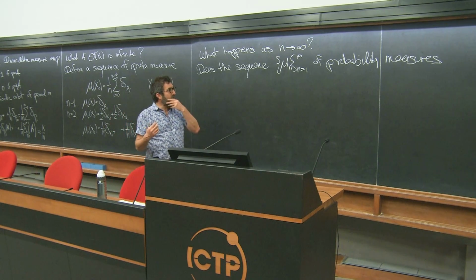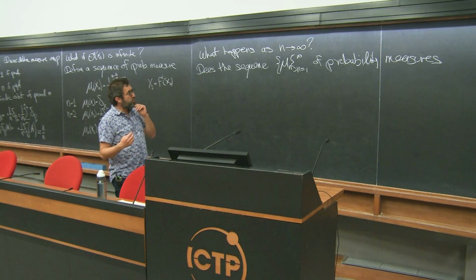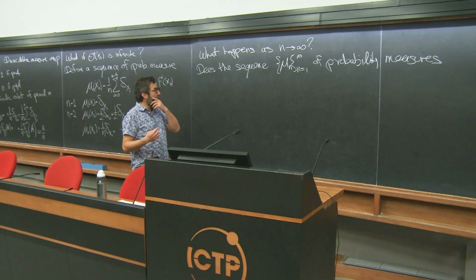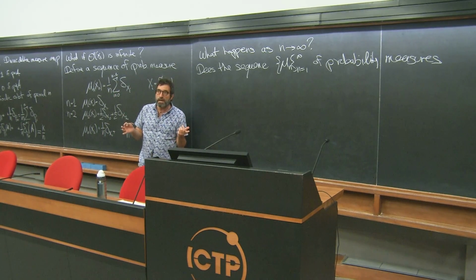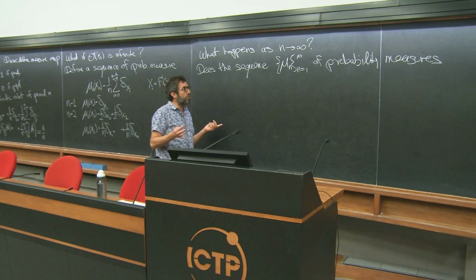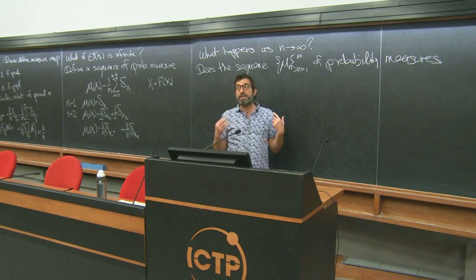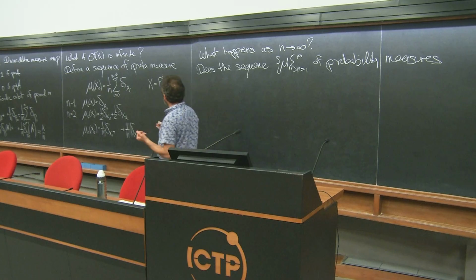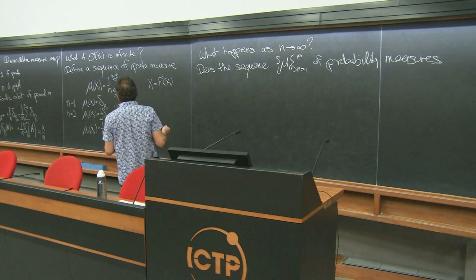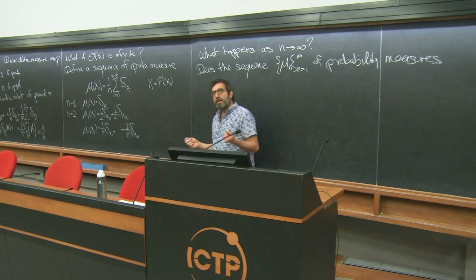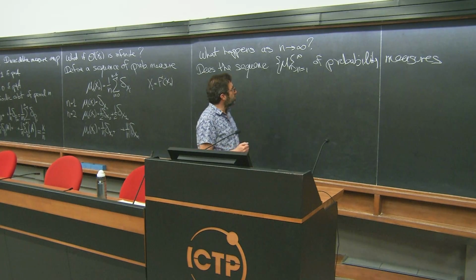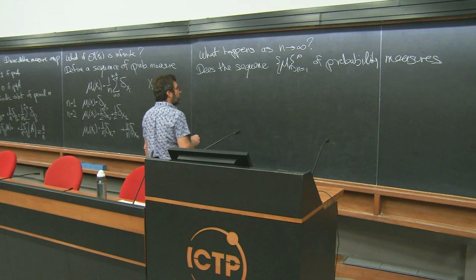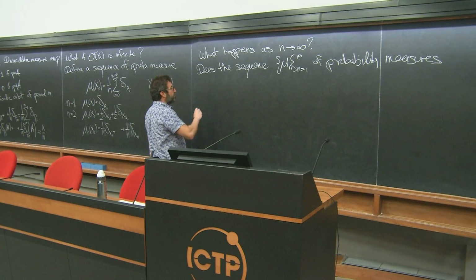Okay? So the first thing is, of course, what do we mean by limit? So to talk about limits, you need a topology, right? And you need a topology on the space of probability measures, right? So the natural topology, which again I presume you would have done either in the real analysis or in the functional analysis course, we consider the so-called weak star topology.